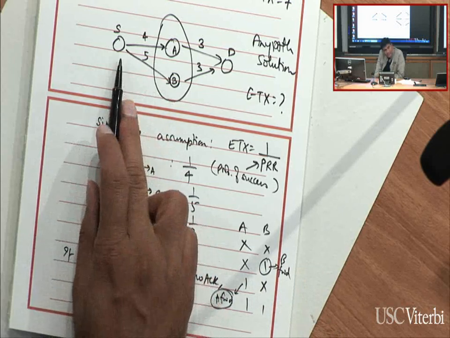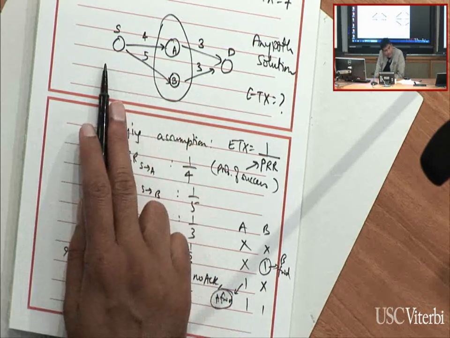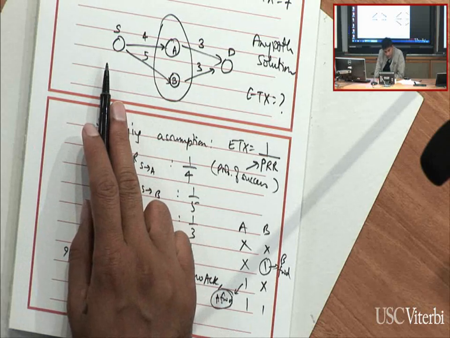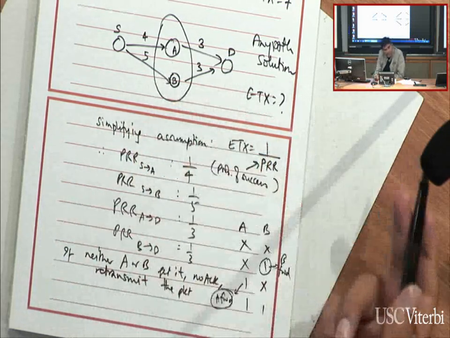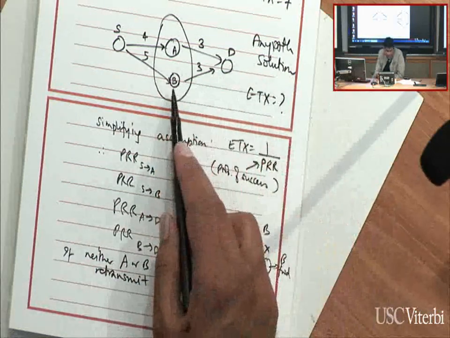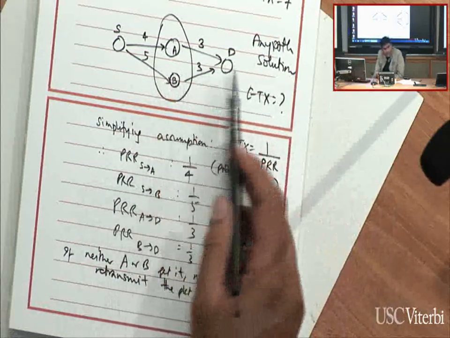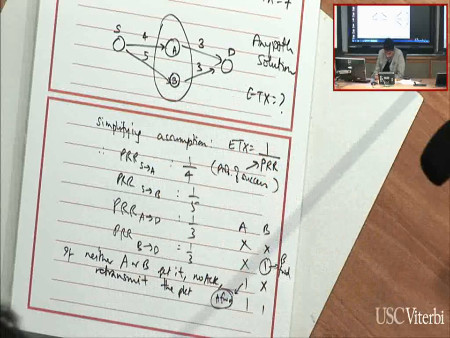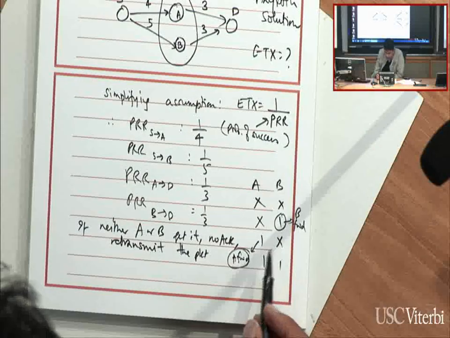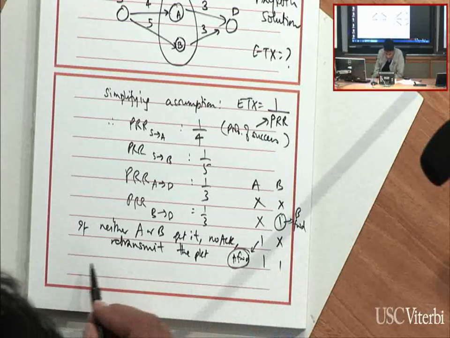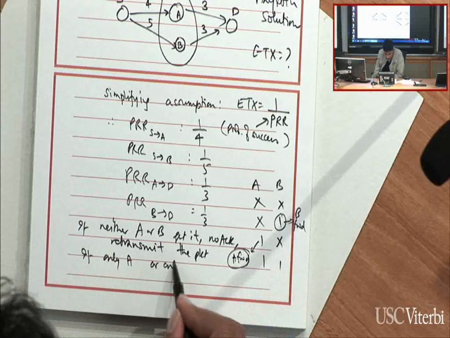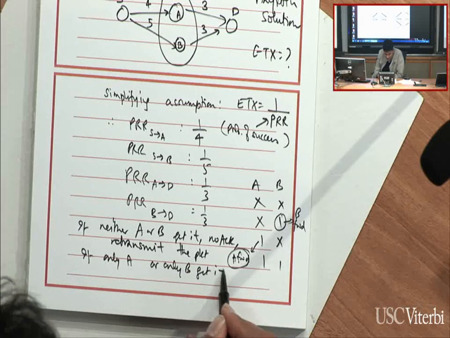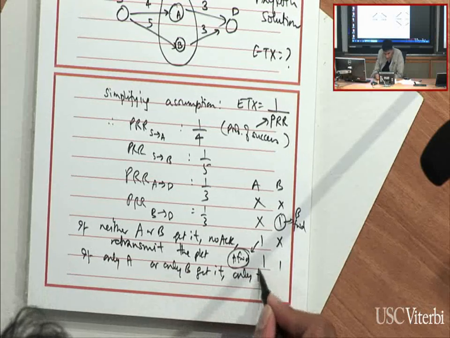And it will ACK back to S that I forwarded the message, so S won't have to retransmit again. And A won't do anything, it didn't get the message, it's not going to forward. B is going to forward it, and then D will potentially get it, and it's going to continue to forward from that point on. So if only A or only B get it, only they forward.